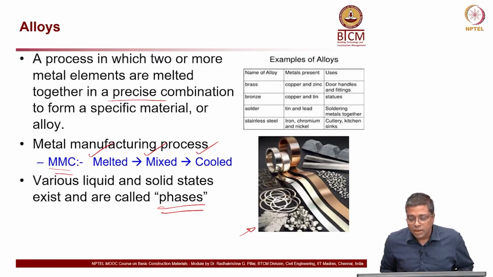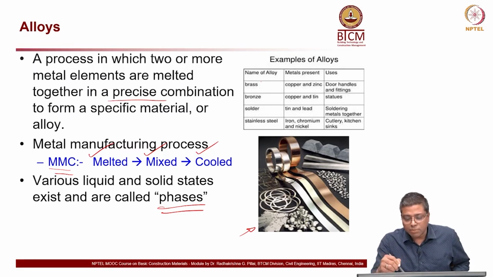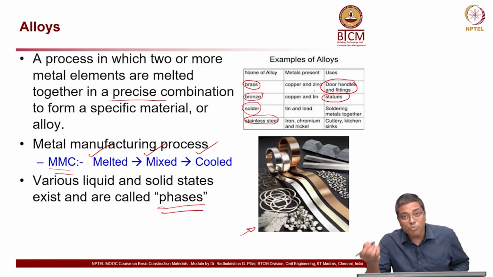Now, here is an example of some major alloys which we use: brass, bronze, solder material, stainless steel, etc. So, copper and zinc where they are used, and then copper and tin where they are used. I will leave it to you to find out the reason, what are those properties which we are targeting, and then accordingly you can do some homework in that line.